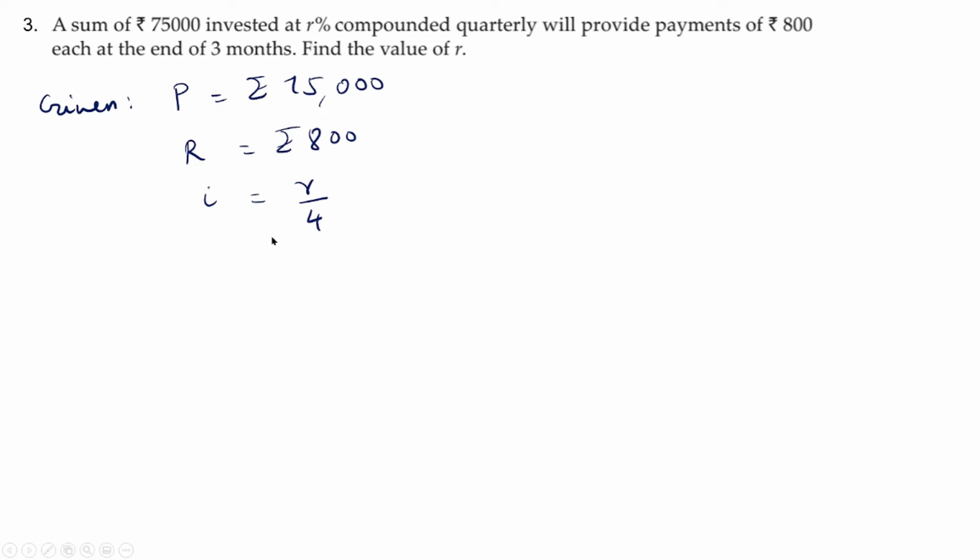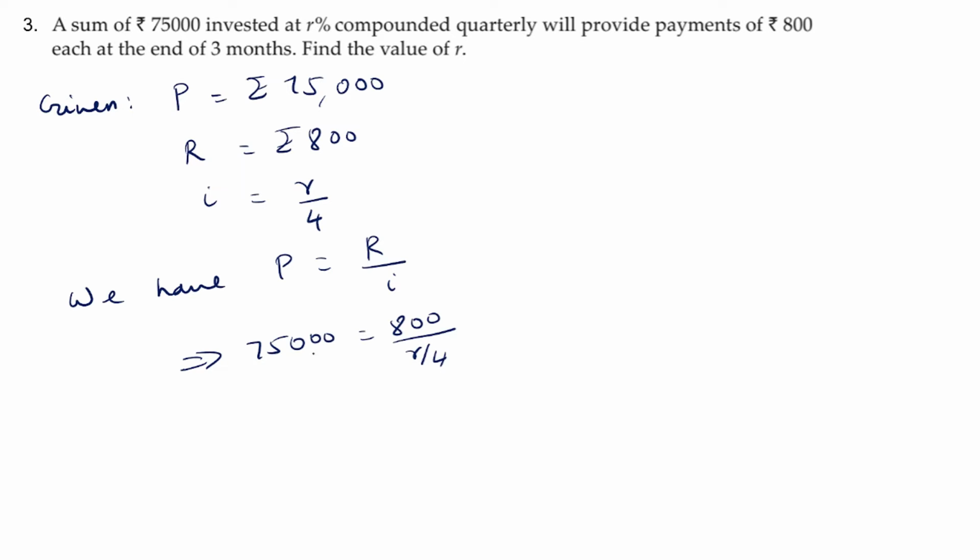So now we can calculate R using the formula present value of perpetuity. We have P equal to R by I. So this implies 75,000 is equal to 800 upon R by 4.